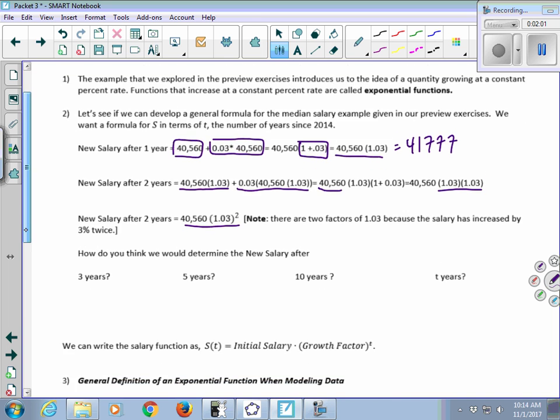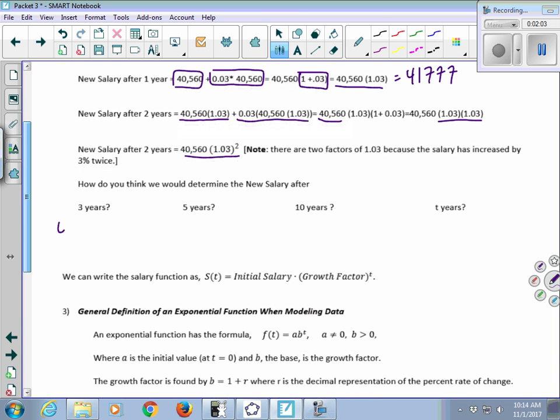So to calculate my salary in 3 years, I could do 40,560, my original salary, and I'm going to increase it by 3% 3 times. So I multiply by 1.03 cubed. 5 years, 40,560 times 1.03 to the 5th. Give yourself a 3% raise 5 times.